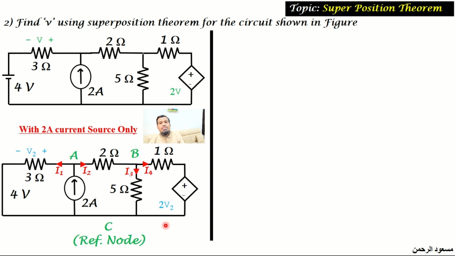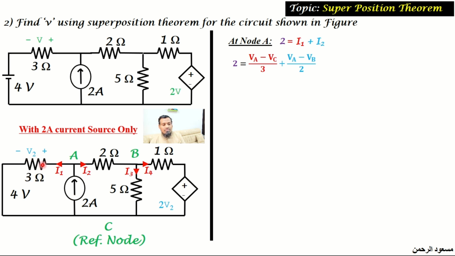So at node A, the current equation will be given by the incoming current, which is 2 amps. So 2 amps will be equal to I1 plus I2. Let us rewrite these currents I1 and I2 in terms of node voltages. We can write it as 2 is equal to, I1 is going from node A to node C. So I1 can be written as VA minus VC divided by this element, 3 ohm.